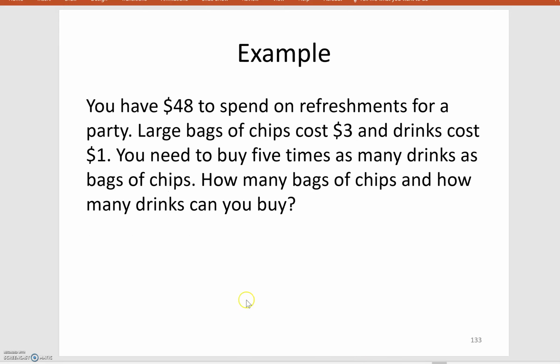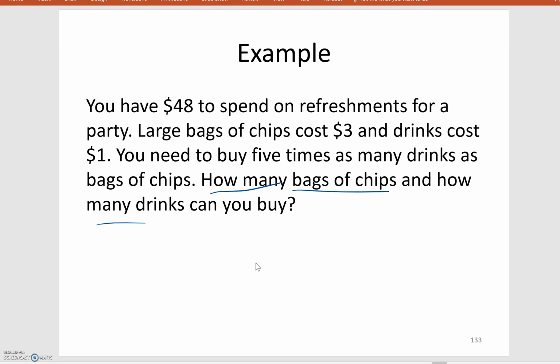All right, let's look at another example. You have $48 to spend on refreshments for a party. A large bag of chips costs $3 and drinks cost $1. You need to buy 5 times as many drinks as bags of chips. Here's the question. How many bags of chips and how many drinks can you buy?